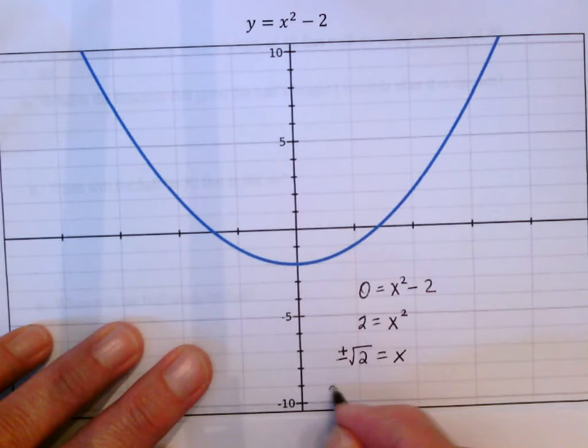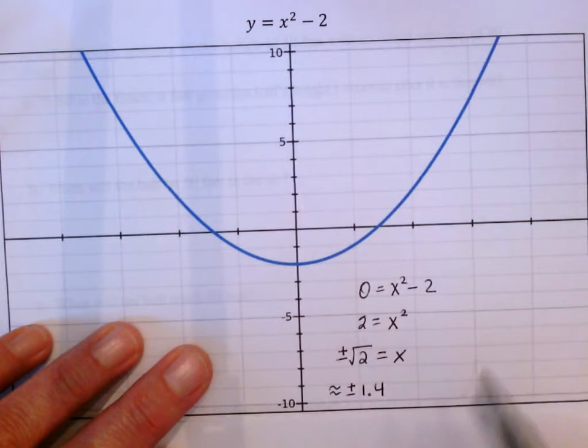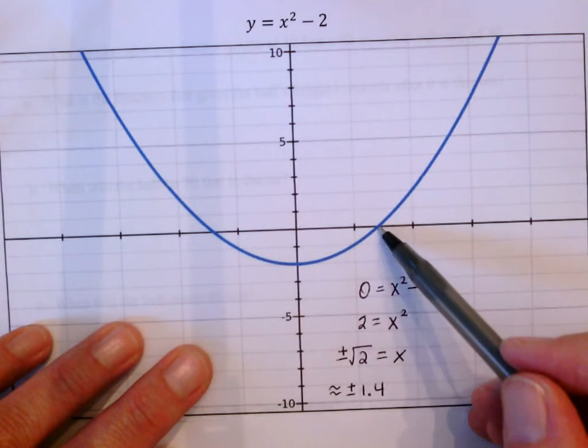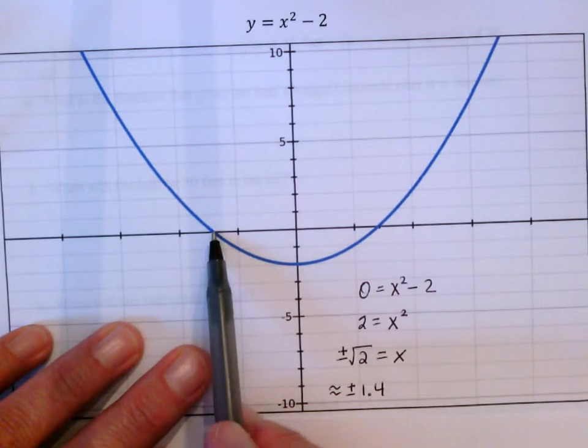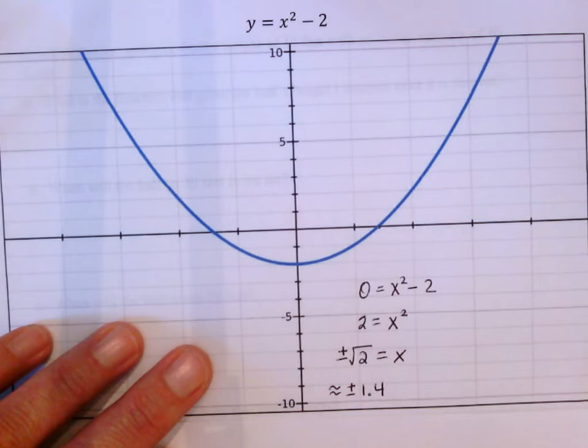And the square root of 2 is approximately 1.4, so that's where to look on our graph. And in fact, that looks pretty much like what we've got here. So positive square root of 2, negative square root of 2 would be the solutions, which are the x-intercepts to this graph.